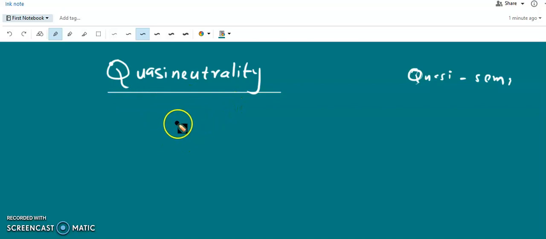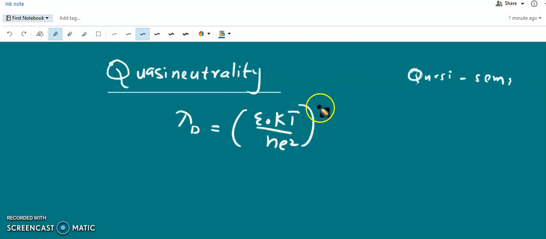So we have already derived an expression for the Debye length lambda d, which is equal to (epsilon 0 kT by N e square) raised to half.